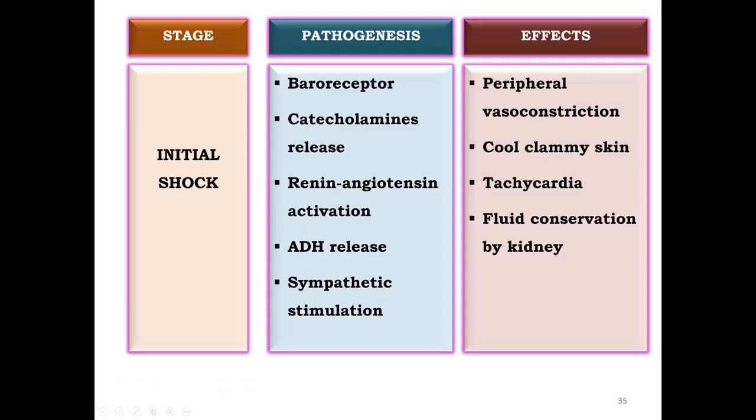Now, non-progressive shock is represented in bar diagrams, that is initial shock. Pathogenesis is activation of baroreceptors, catecholamine release, renin-angiotensin activation, release of ADH, and sympathetic stimulation. The effects are peripheral vasoconstriction, cool, clammy skin, tachycardia, fluid conservation by kidney.